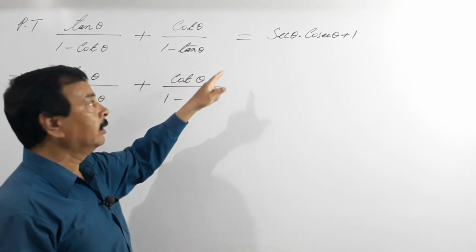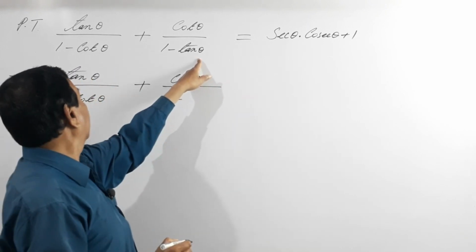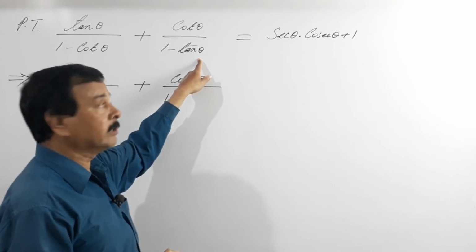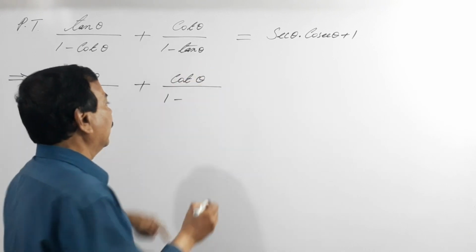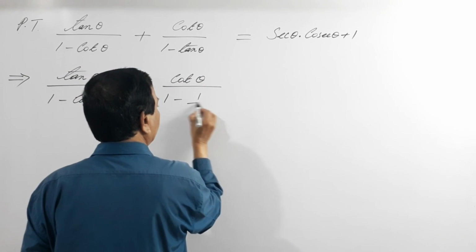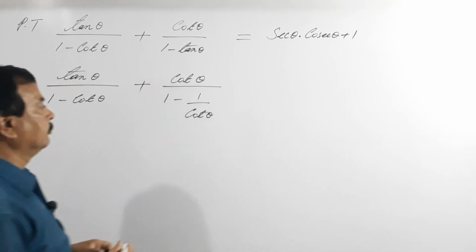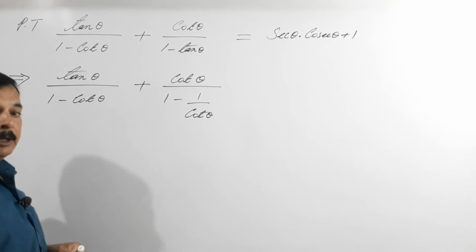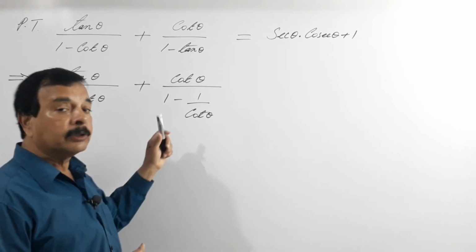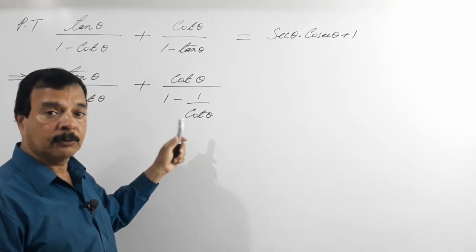Here is a trick: this tan on the right hand side, I write as 1 by cot theta. Done? This is a trick you are supposed to use.